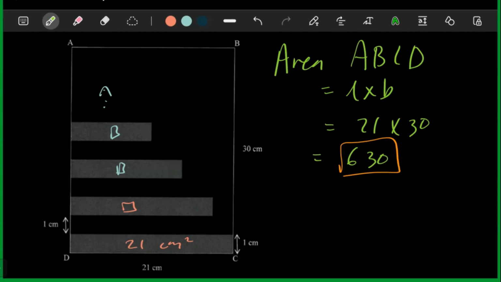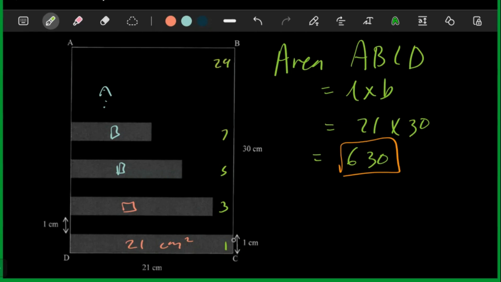Fortunately, what you do know is at every odd number position there's a rectangle. So you have a rectangle at 1 centimeter, and then at 3, and then at 5, and then at 7, all the way until like 29.